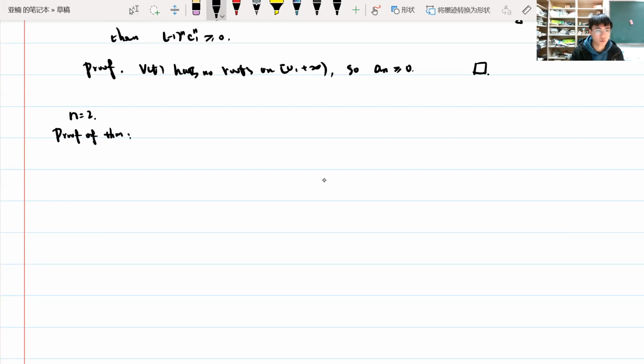If the dimension is 2, then V(t) can be written as follows.